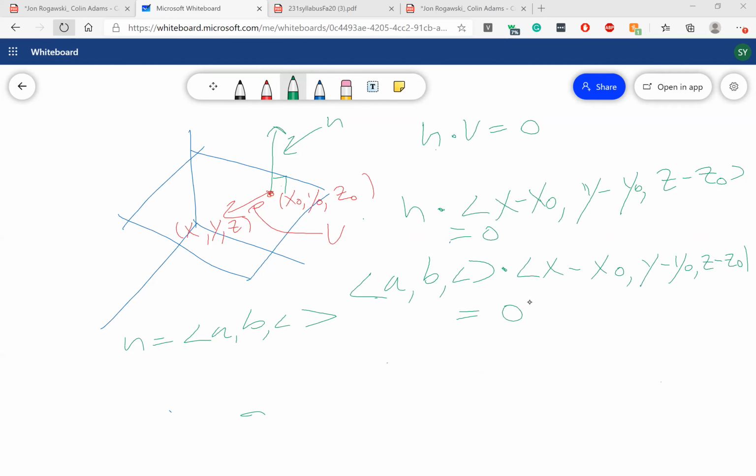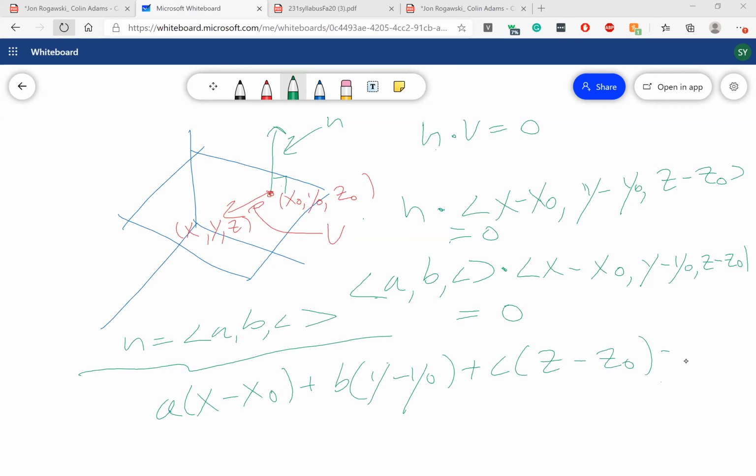And so then this gives me a(x minus x0) plus b(y minus y0) plus c(z minus z0) is equal to 0. And then this gives me ax plus by plus cz is equal to ax0 plus by0 plus cz0.